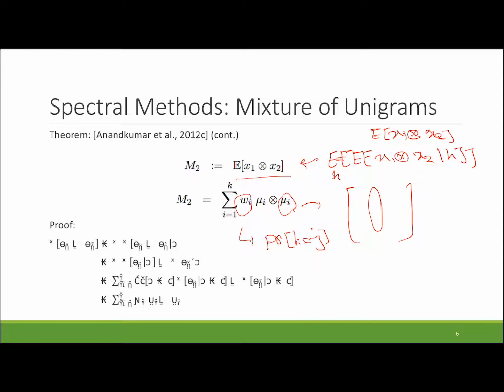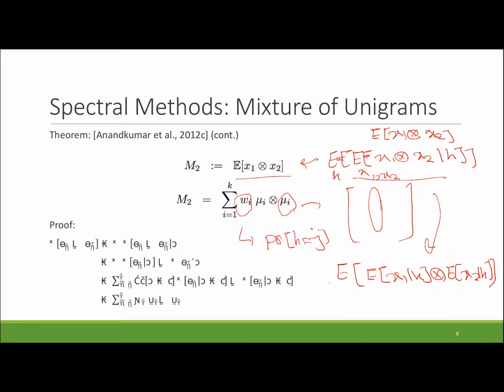So this expected value is over h, and this expected value is over x1 and x2. I don't know if you can see it. So remember that this can be decomposed. So what this is going to be is that it's going to be the expected value of x1 given h cross expected value of x2 given h.